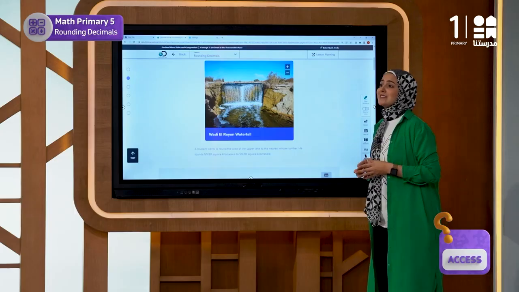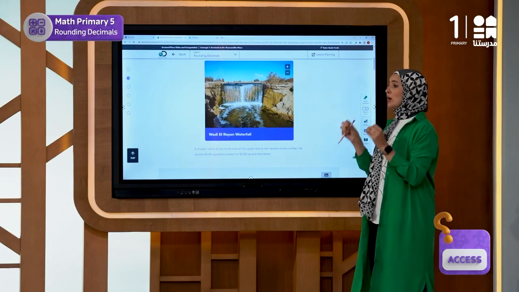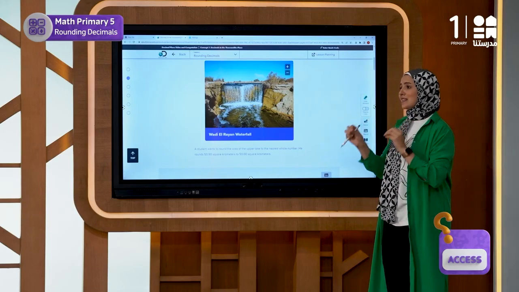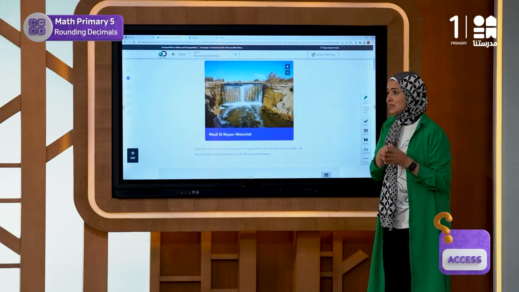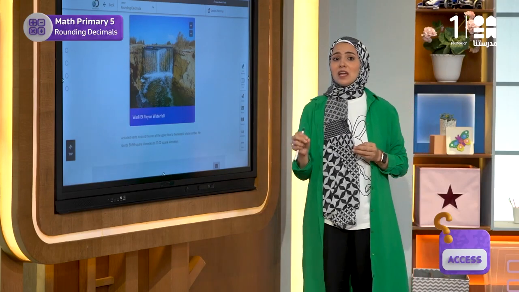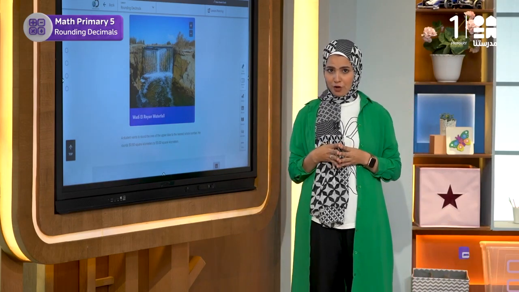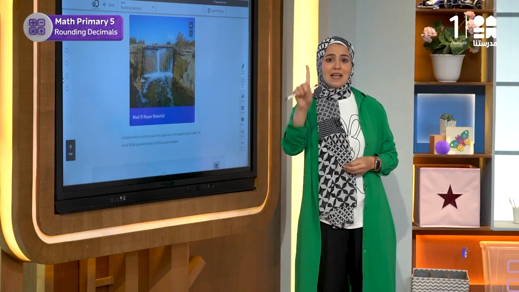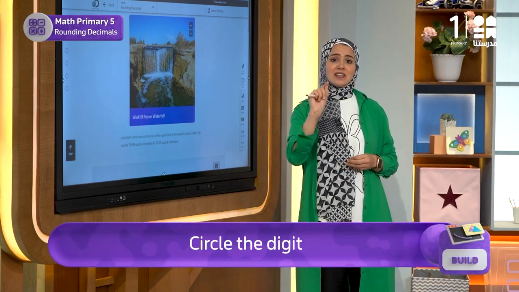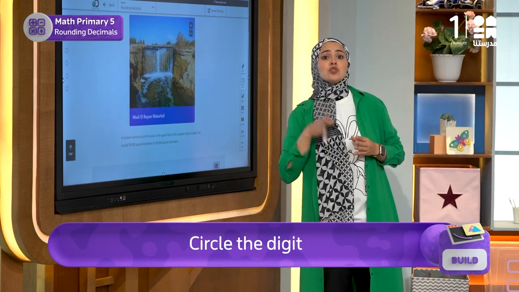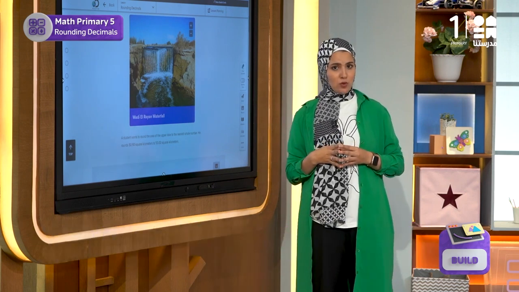As one of today's lesson objectives is rounding the decimal numbers to the thousands place, we will need to think of rounding rules, strategies that we learned before in primary 4. The first step is to circle the digit next to, or right to, the place of the value we are rounding.